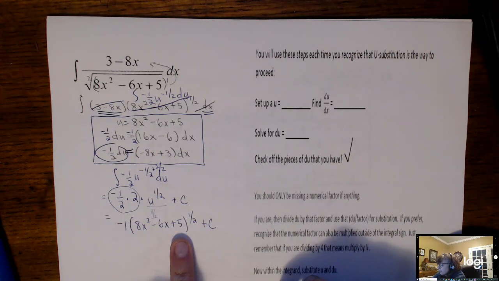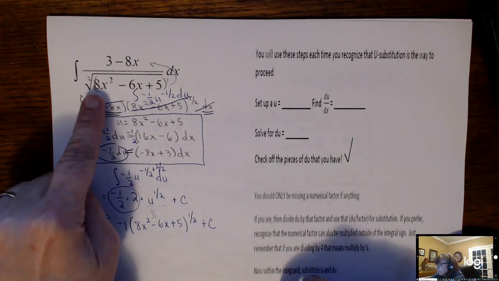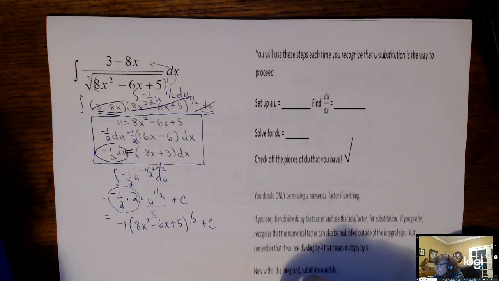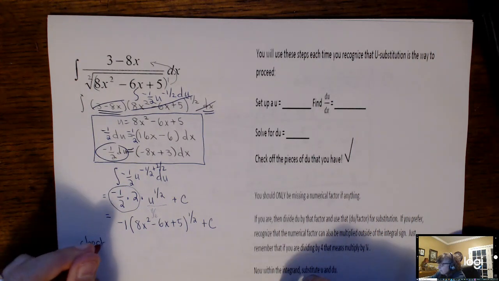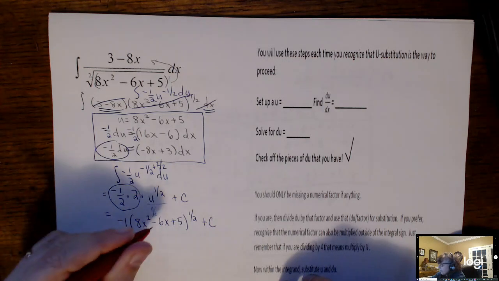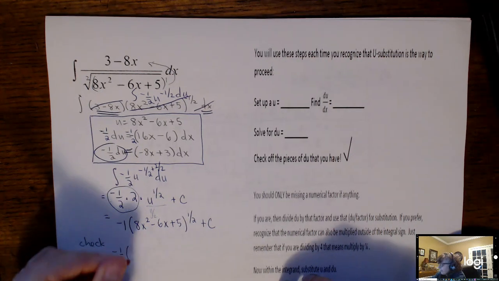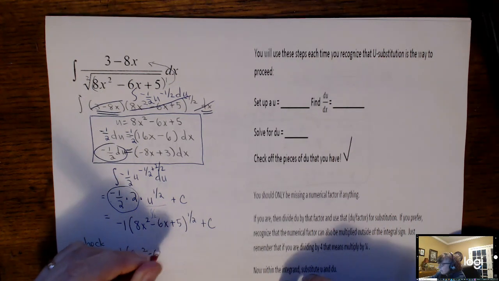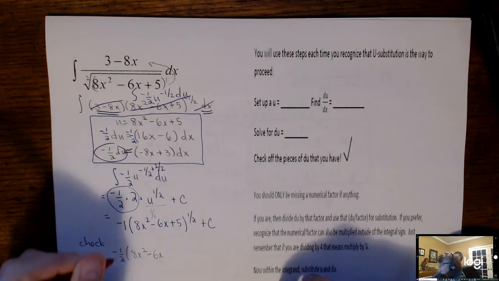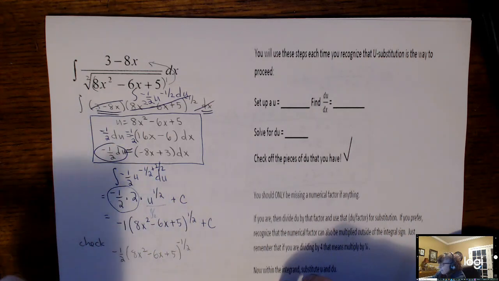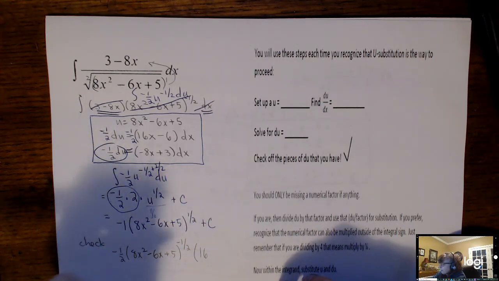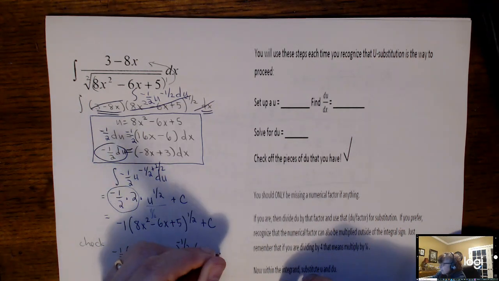If you wanted to check your work, you could take the derivative of this, and you should come up with that. So we could use the chain rule just to check. The chain rule would be negative 1 times 1/2, which is negative 1/2, times the inside, don't change it, to the negative 1/2, times the derivative of the inside, which would be 16x minus 6.